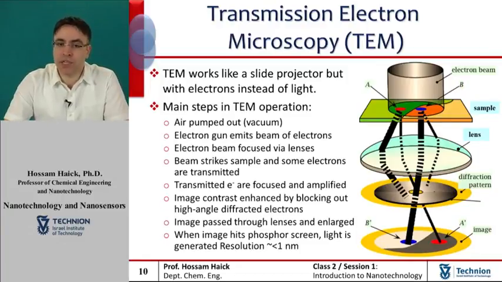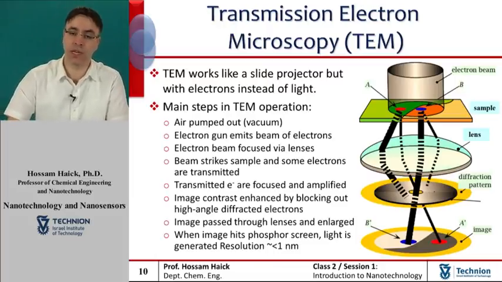TEM forms a major analysis method in a range of scientific fields, in both physical and biological sciences. TEMs find applications in cancer research, virology, material science, as well as pollution, nanotechnology, and semiconductor research, and of course, in the current lecture, we will focus on nanotechnology.